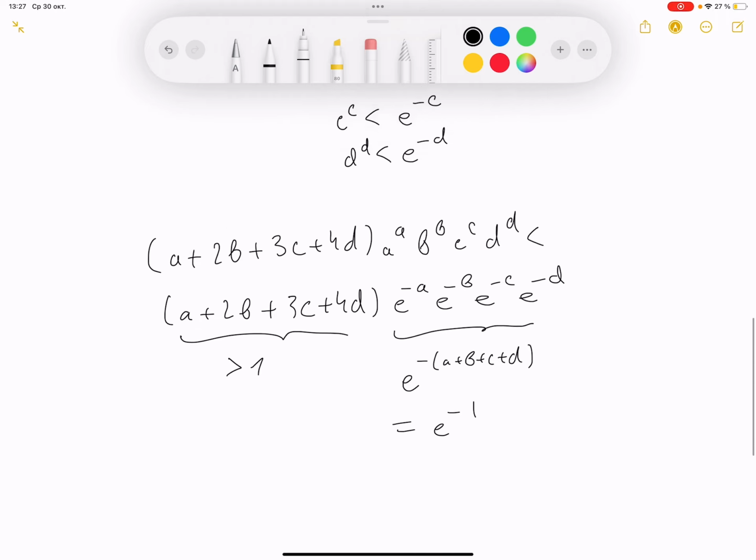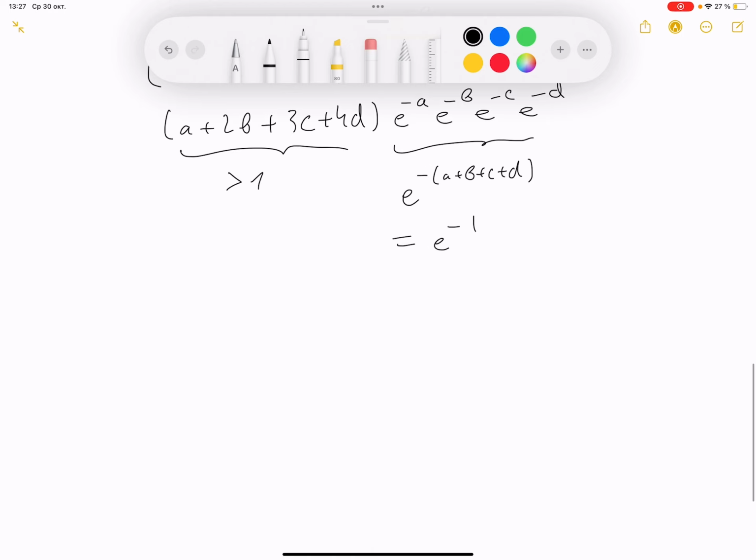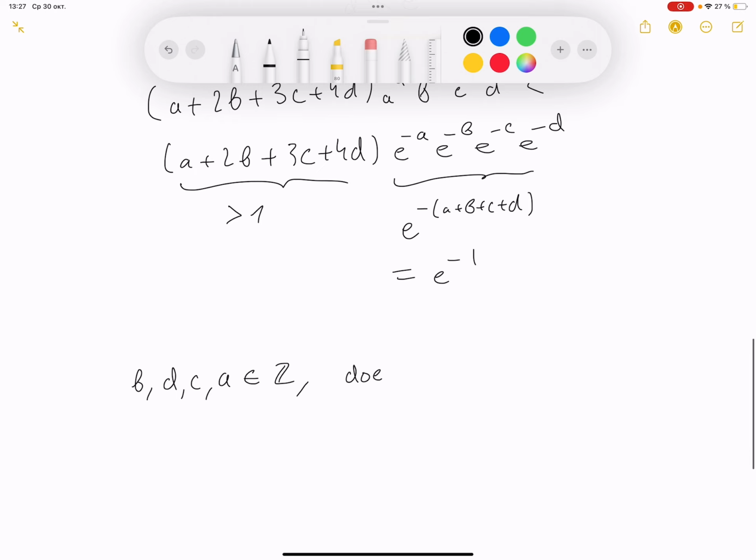However, not by a lot, because we can clearly show that for any values of a, b, c, d that belong to integers, the inequality doesn't hold true.